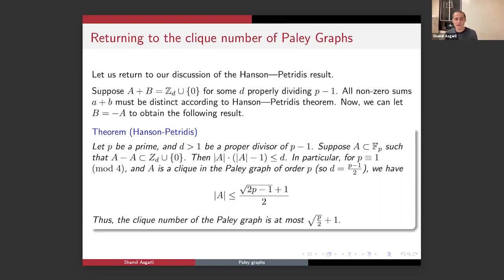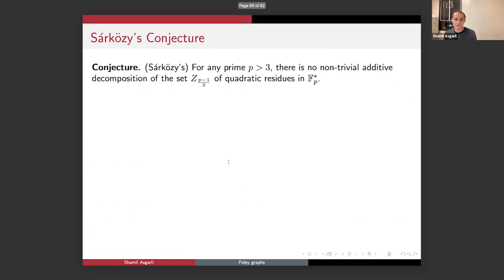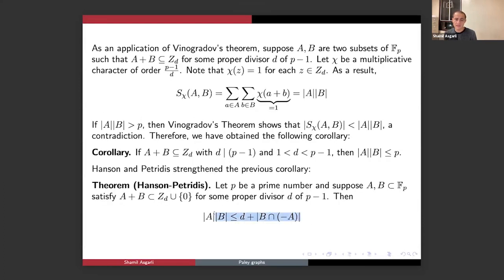And the last thing I want to mention is that this inequality right here actually follows exactly from this inequality if you set B equal to minus A. Why is that? If you set B equal to minus A, then this is going to give you |A| times |A|. But the intersection is going to be just size of A, because when you intersect it, you get one element.